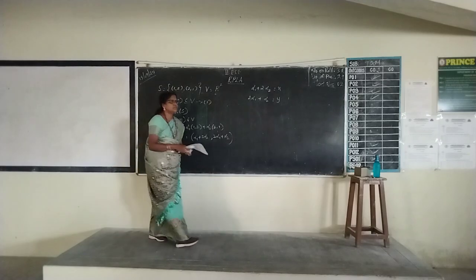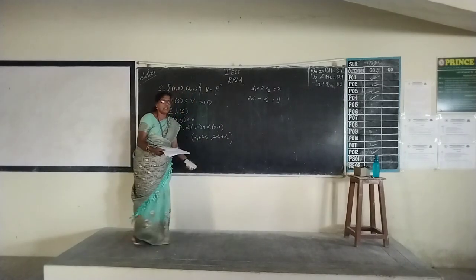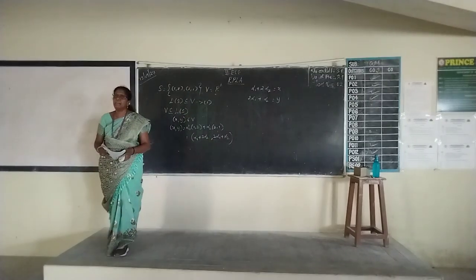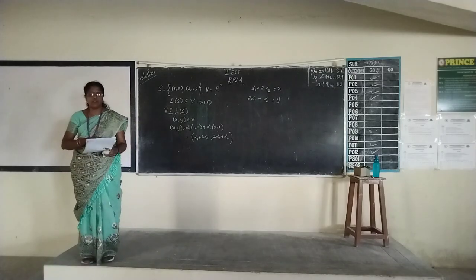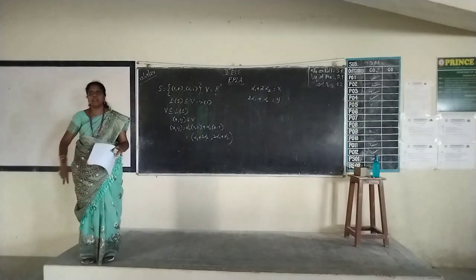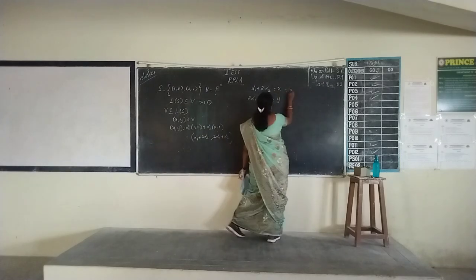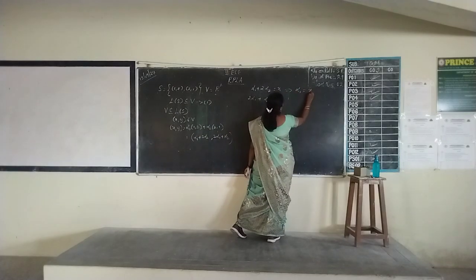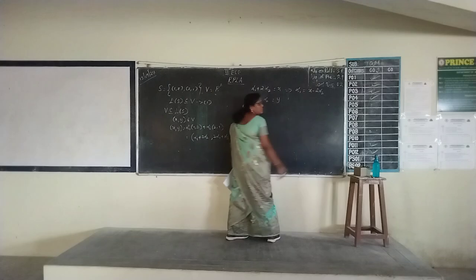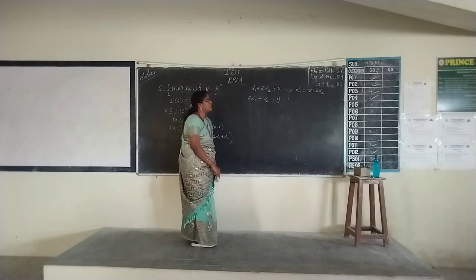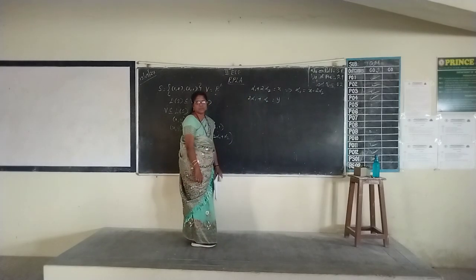Your choice as usual. Either simultaneous solving or substitution. Alpha 1 is equal to x minus 2 alpha 2.